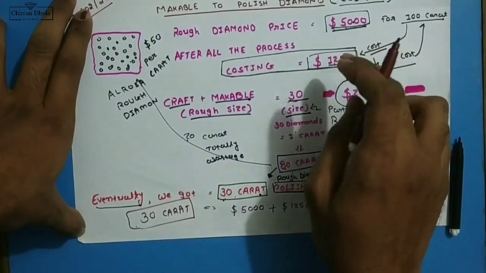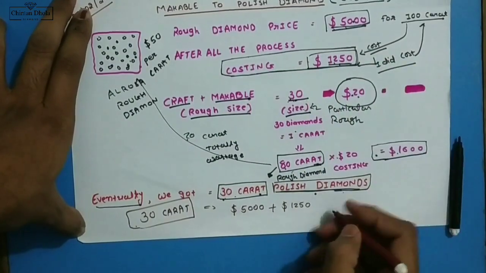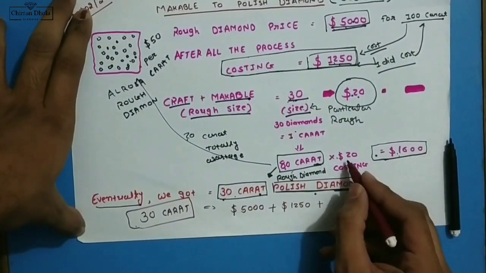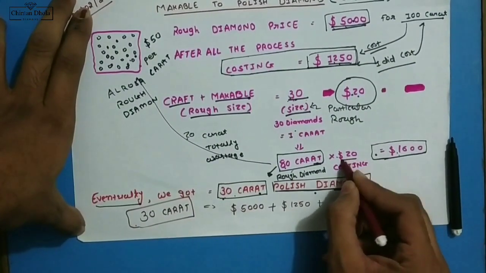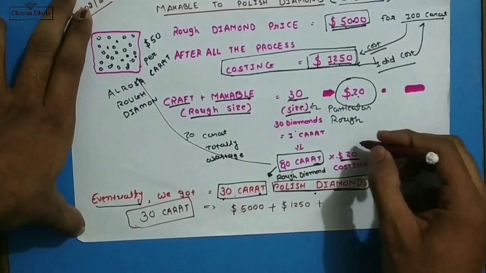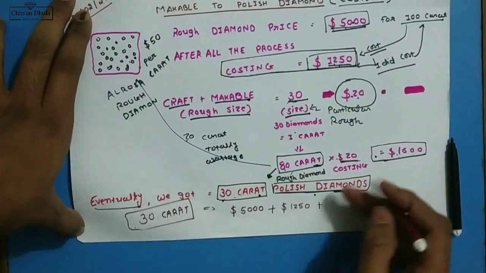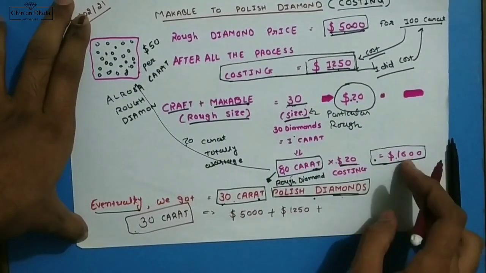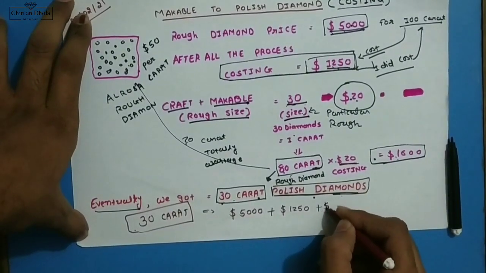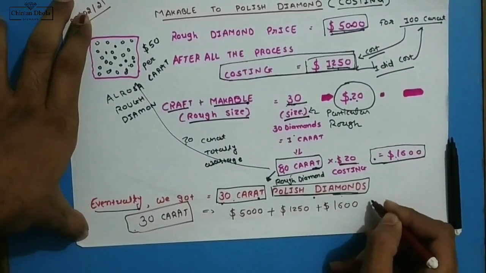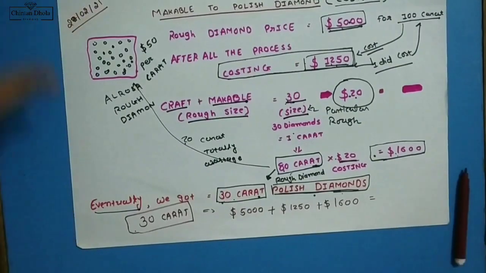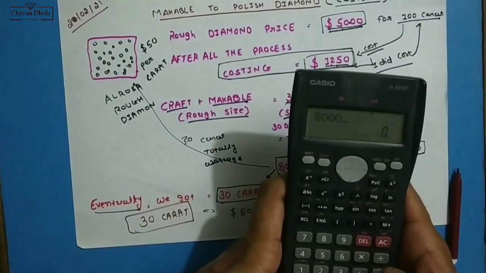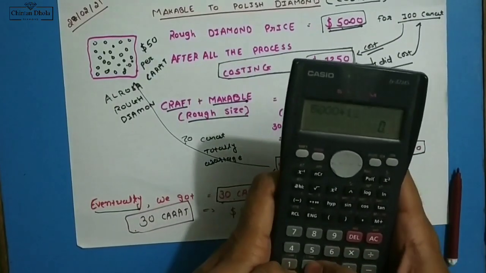I already did this process. Then I also include this costing because I have to pay this to the manufacturer, so I have to include this cost over here. Now $600 also.